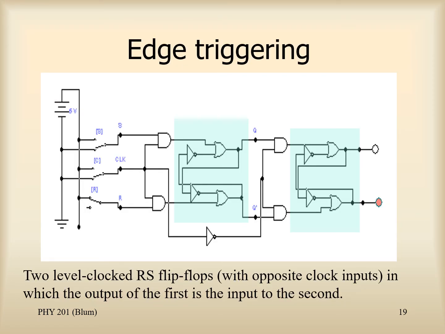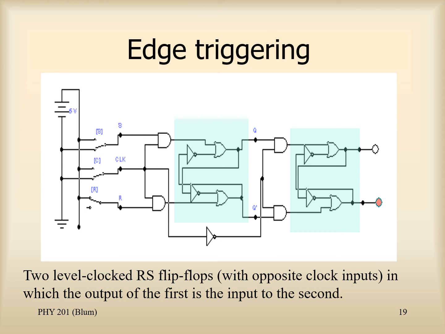Next, we are going to achieve edge triggering by having one level clocked RS flip-flop feed into a second one, and the clocks will be inverted. One will be the opposite of the other. What's shaded in green there is our original RS flip-flop. You see that there are 2 of them, and then we've added the AND gates and a clock input, so we have a level controlled RS flip-flop, and the second flip-flop also has the AND gates so that it is level clocked.